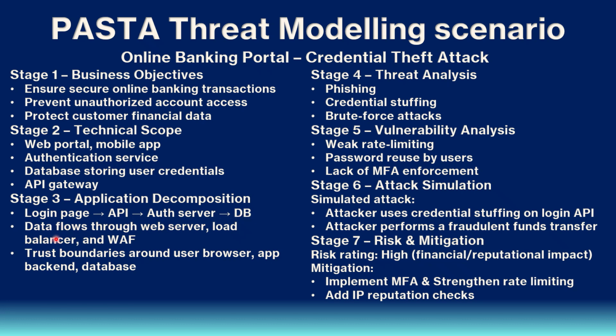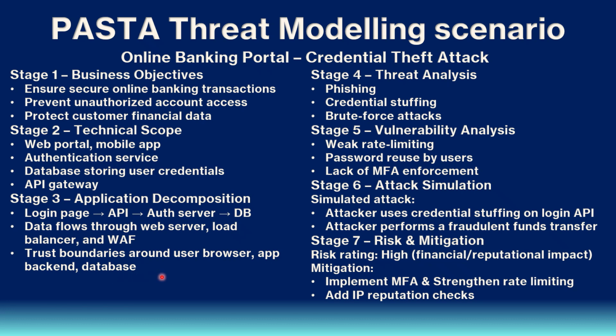We'll have data flows through the web server, load balancer, and WAF, the web application firewall. We'll have trust boundaries around the user browser, app backend, and database. So these are the boundaries that we have defined.